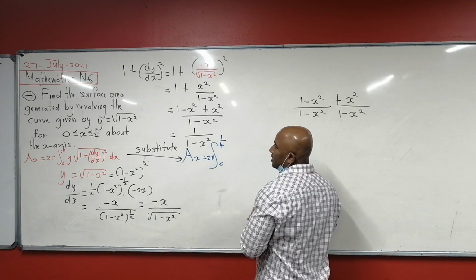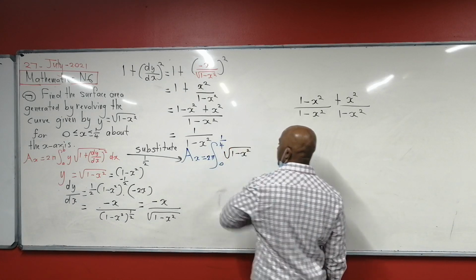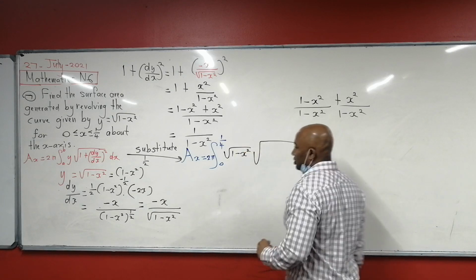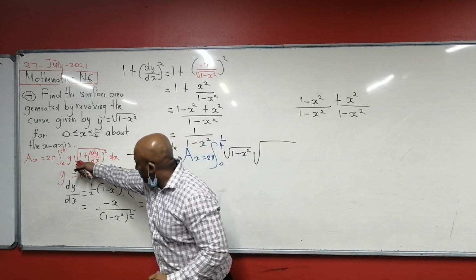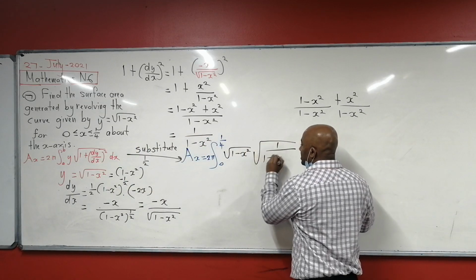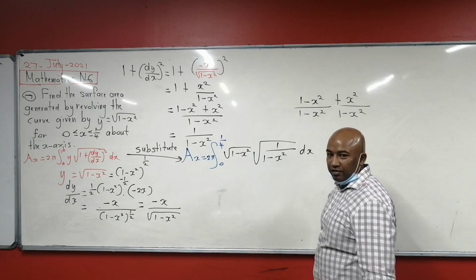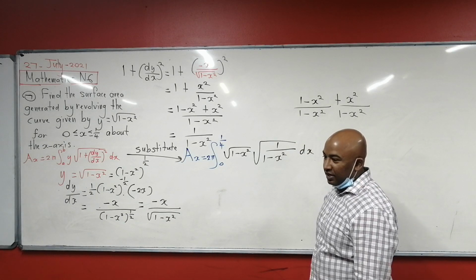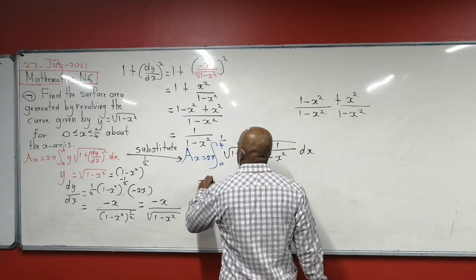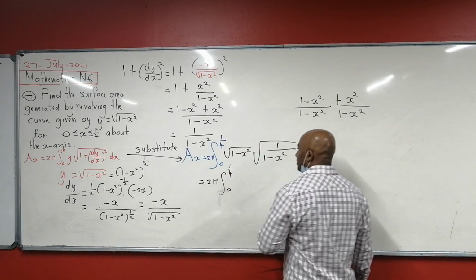What is y? Y is the square root of 1 minus x squared, times the square root of what we just worked out, which is 1 over 1 minus x squared dx. Follow what happened then? All I did was substitute. So now that's going to be 2 pi, 1 over 4 and 0.